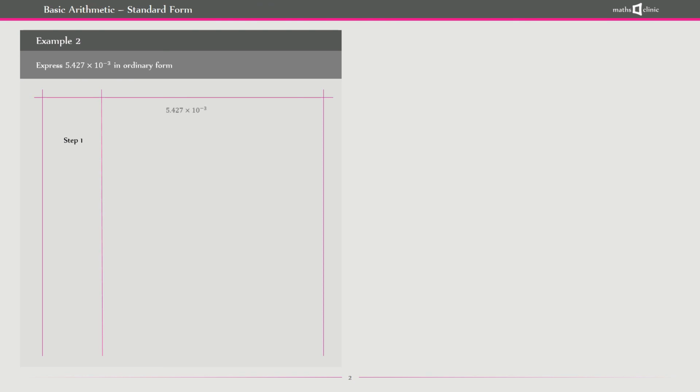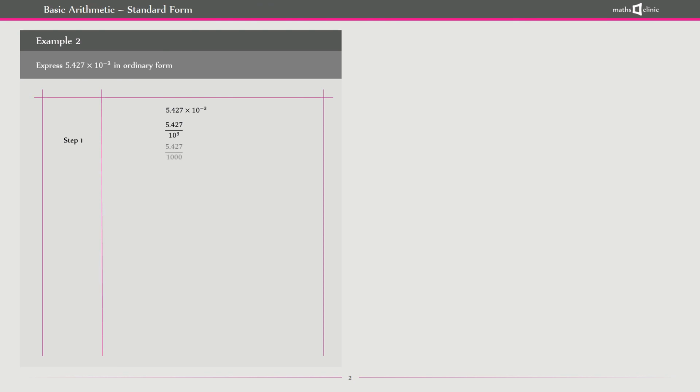Step 1: we have 5.427 times 10 to the power of minus 3, and basically this is 5.427 divided by 10 to the power of 3. So the multiplication changes to division, and the minus becomes positive.